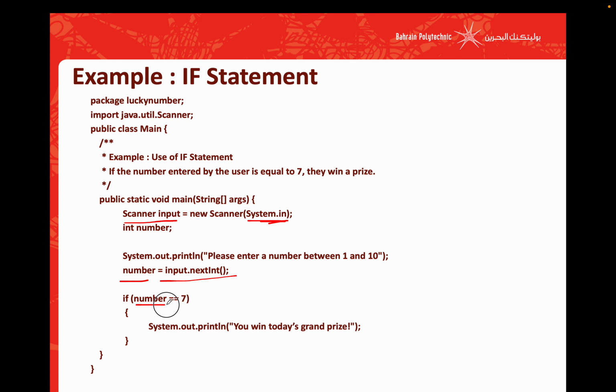Then you check if number is the same as 7. So whatever number the user gave you, is it 7? If it is, you print you win today's grand prize. Otherwise, do nothing, because there is no other code.